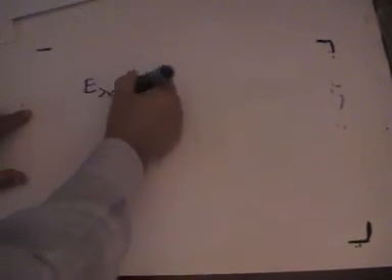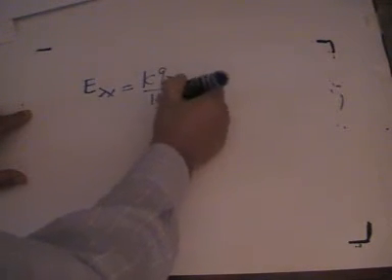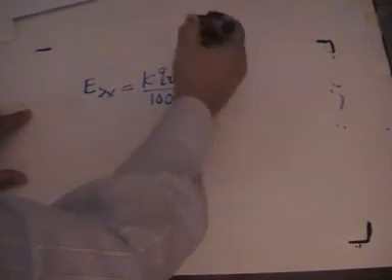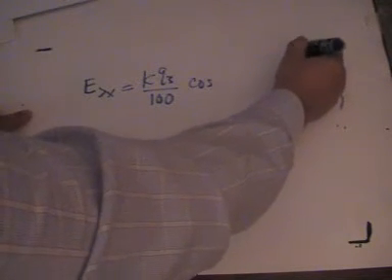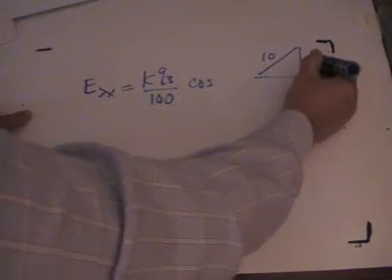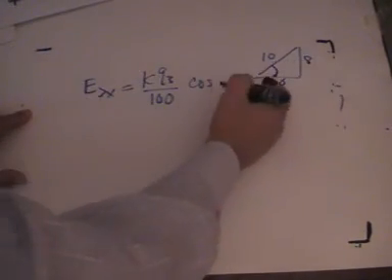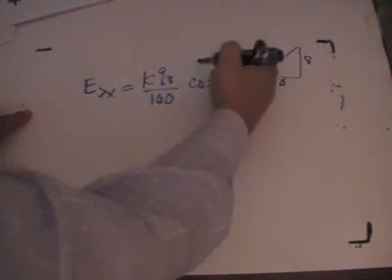Okay, so that means E3x is equal to this number here, KQ3 divided by 100 cosine theta. And remember, this is theta, this is 10, this guy is 8, and this guy is 6. So cosine theta is really cosine of this angle, which is 6 over 10.